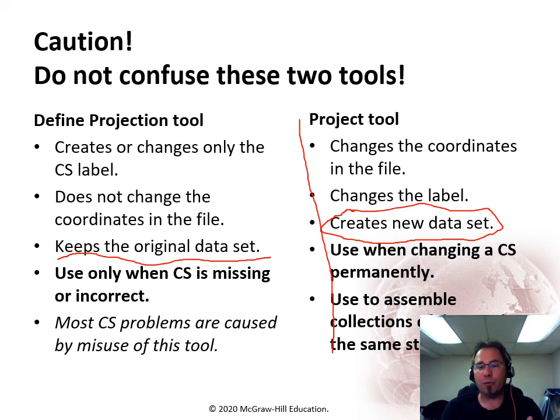So what I do, and what you should do always, when you have unknown coordinate systems or you're trying to fix coordinate systems, is do it in a blank project. Don't have any other data on your map because the program's trying to project it on the fly in the background. You don't want that. You want to handle those data sets all by themselves, fix them, then bring them into your map. Do that separately from whatever map you're working on.